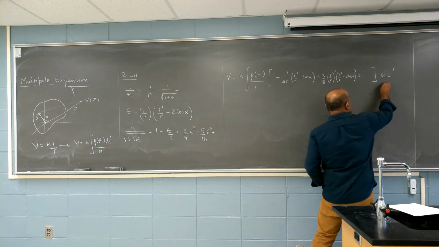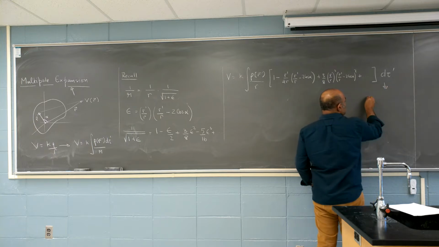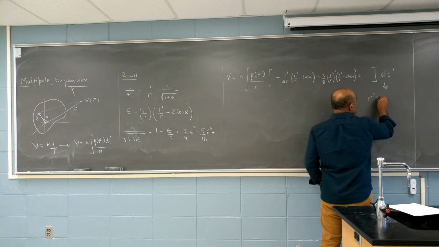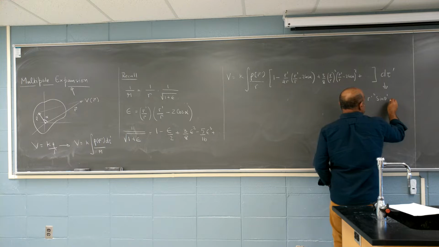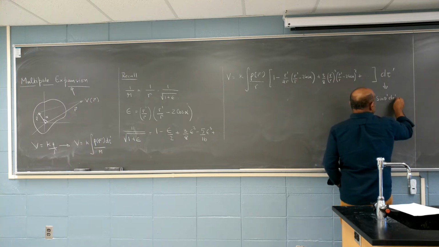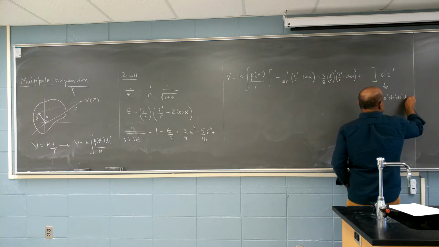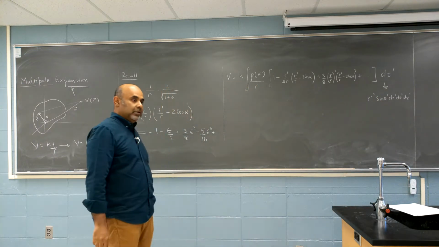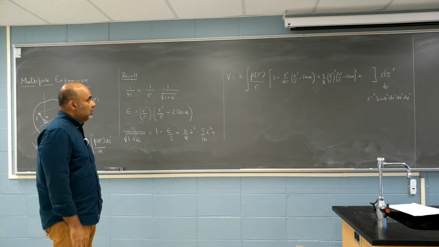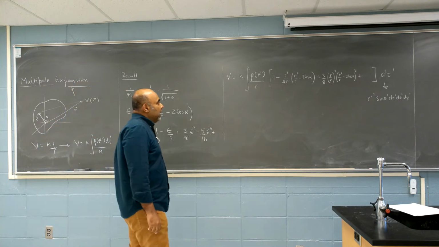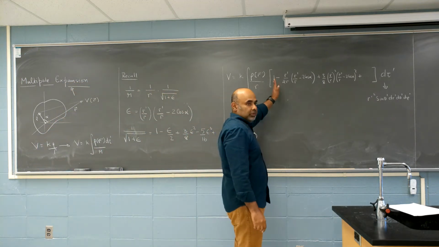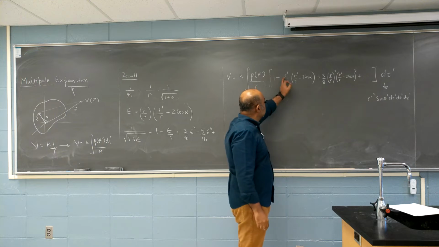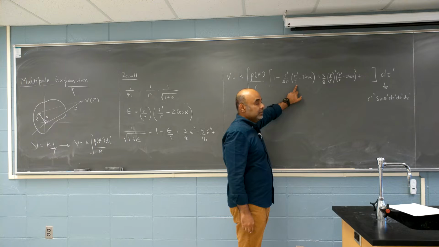Recall, not that it's important for us, d tau is r prime squared sine theta prime dr prime d theta prime d phi prime. Correct? So, to desired accuracy, you can do this integral. This is already r prime squared over r squared.